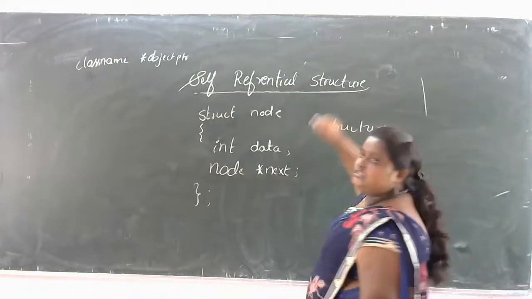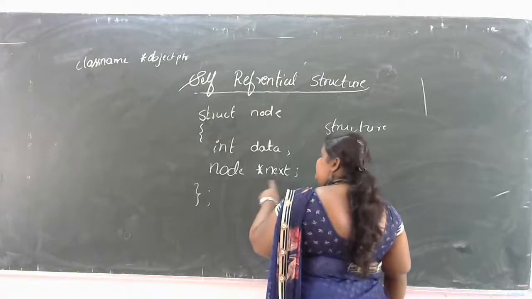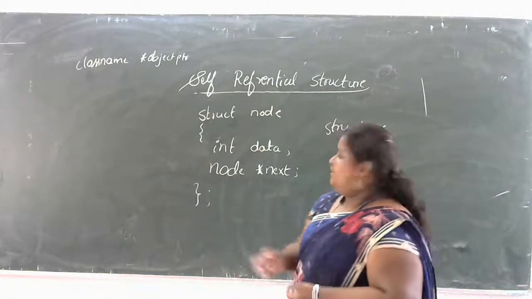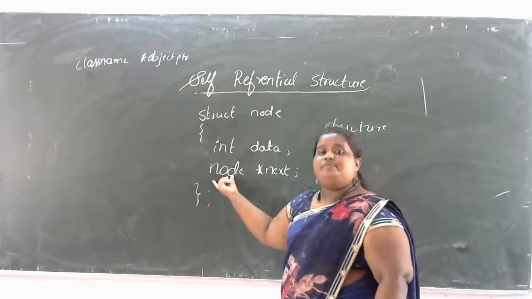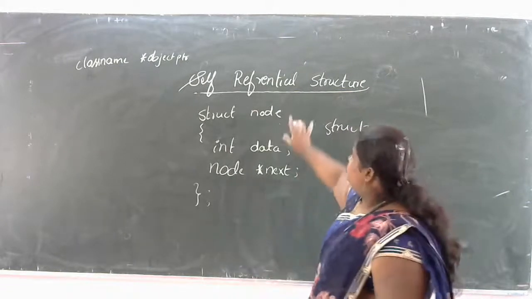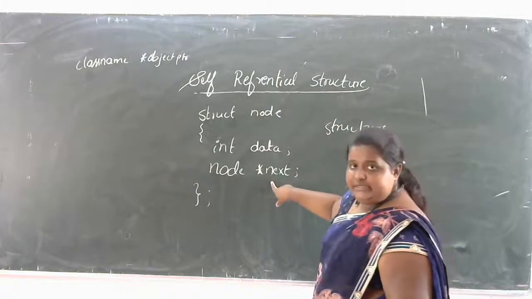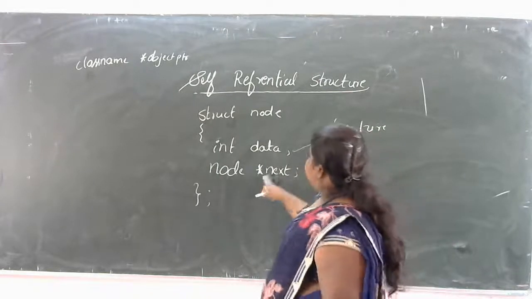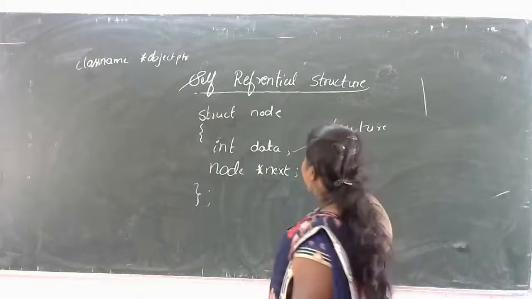It is a structure which has a pointer. This is a normal variable. Star next is a pointer variable.